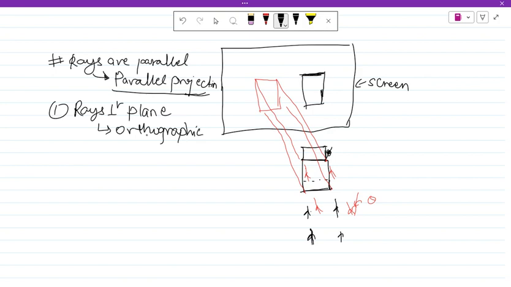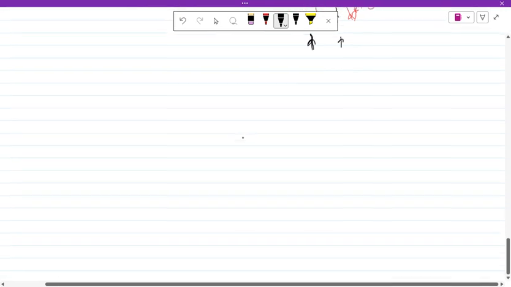But if the rays are not perpendicular, the rays are at an angle, then this is known as oblique projection. Okay, we will talk more about orthographic projection now.